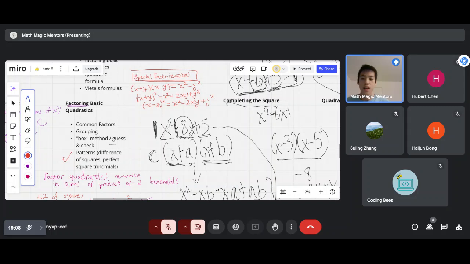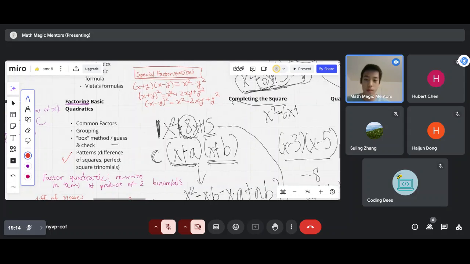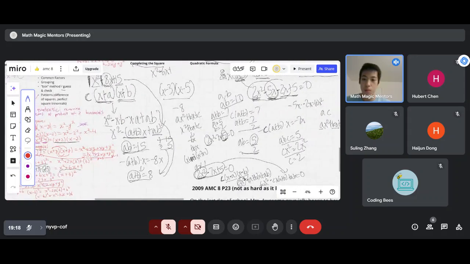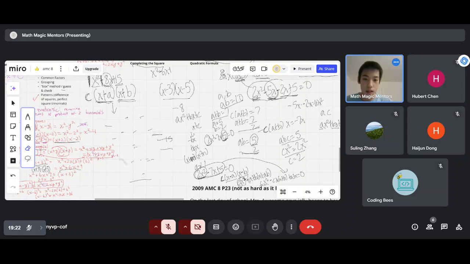But many other times, the quadratic will not be in the form of a special factorization. Because this is a little bit messy, I'm going to clear this out a little bit. This is what Sid covered last week. You can check it out in last week's video on our YouTube, and also on last week's email.